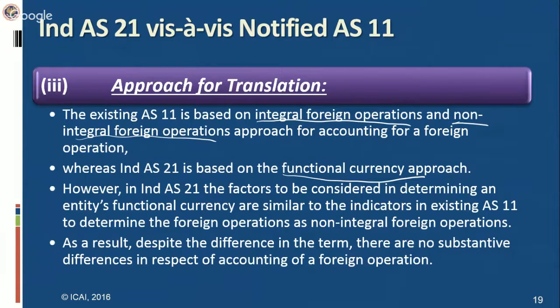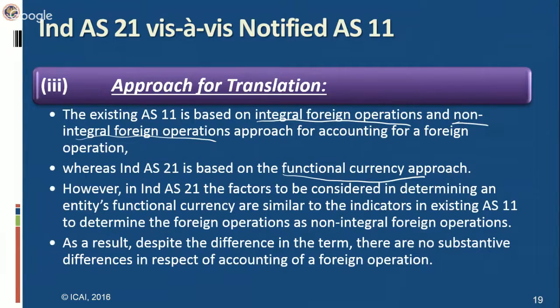The second important factor while determining the functional currency is the currency that mainly influences labor, material, and other costs for providing goods and services. So this is a major source for any business entity. It has to pay cash for various services, like it has to pay money for supply of materials. It has to pay salaries and wages to the labor. So the determination of the currency factor is determined by these factors.